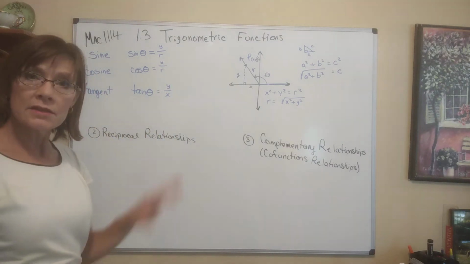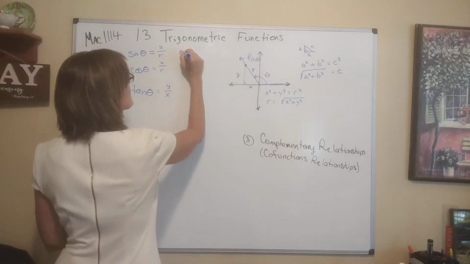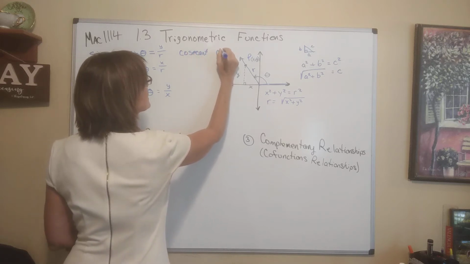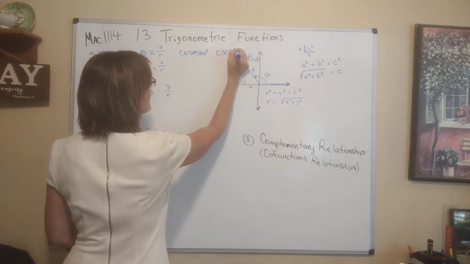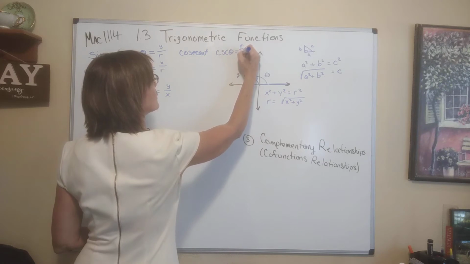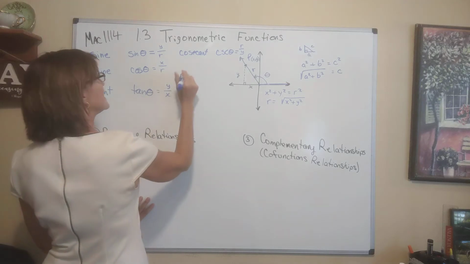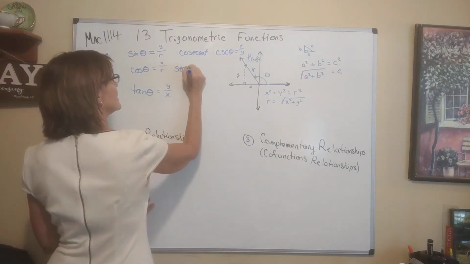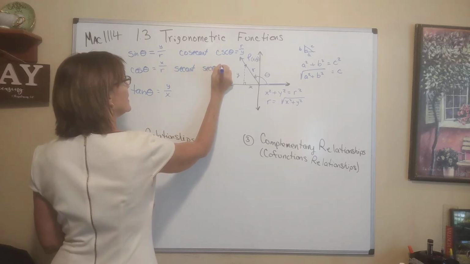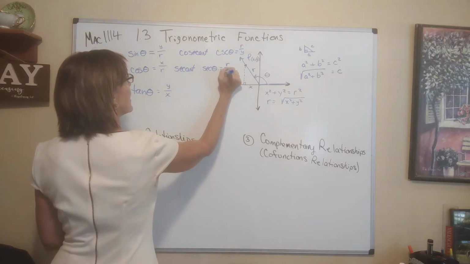This is the first 3, and the second 3 go like this. There is one called the cosecant, which is abbreviated CSC of theta, and it is defined to be r over y. There is something called the secant, which is abbreviated SEC of theta, and it is defined to be r over x.